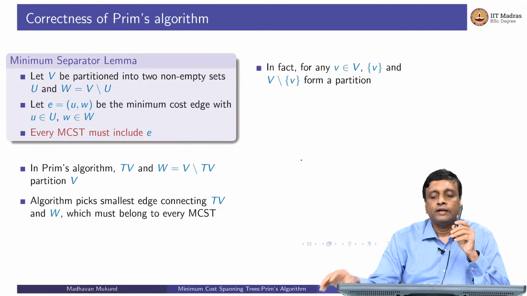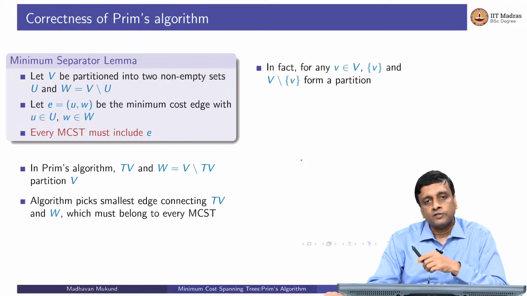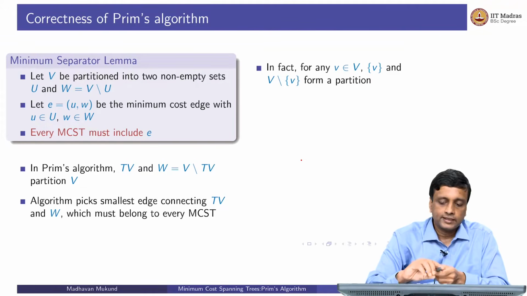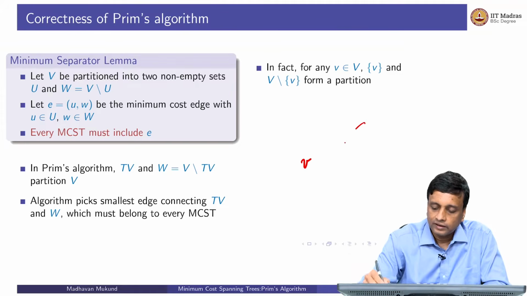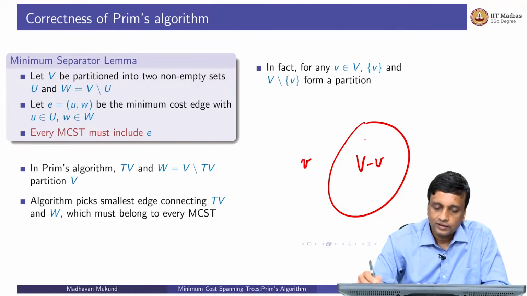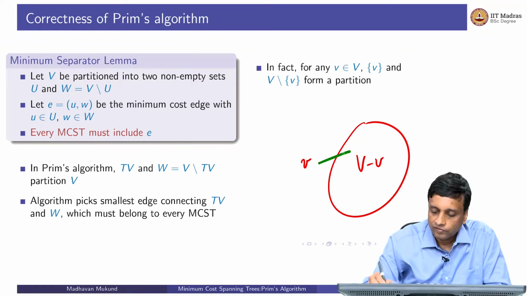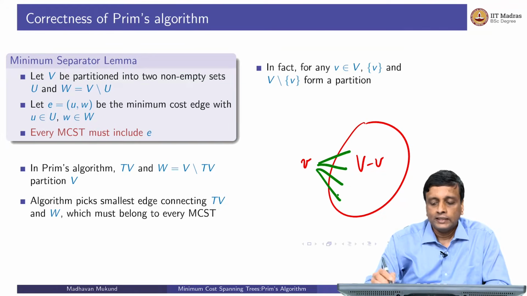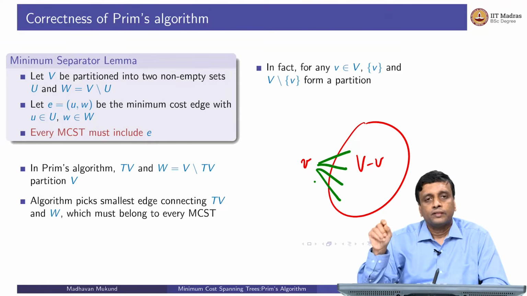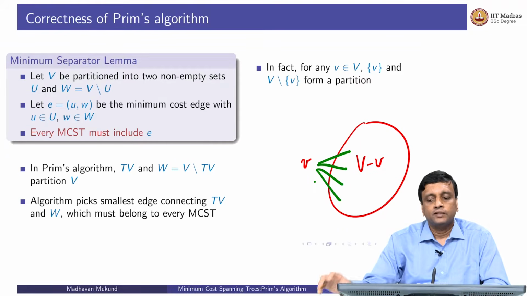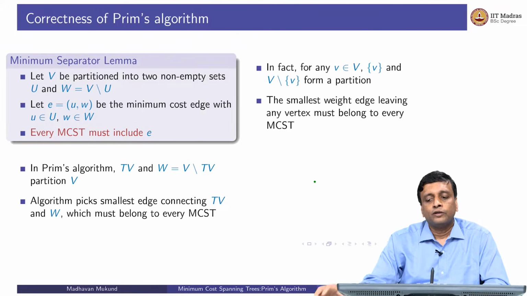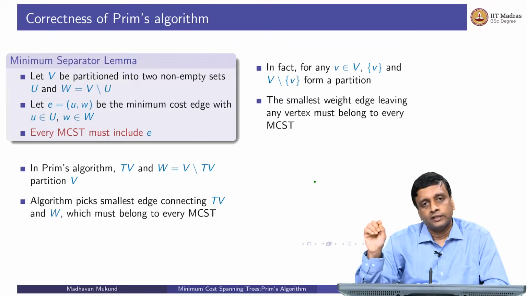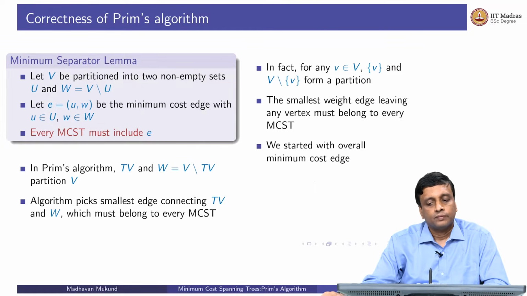So if I take the smallest edge coming out of this vertex, it goes to the other set. So I am sitting here in v and here I have V minus v. So here I have a bunch of edges, because it's connected I have at least one. So if I take the minimum among these, it's going to be the smallest edge connecting the partition small v to the partition V minus v. So therefore the smallest weight edge leaving any vertex has to be part of every MCST.